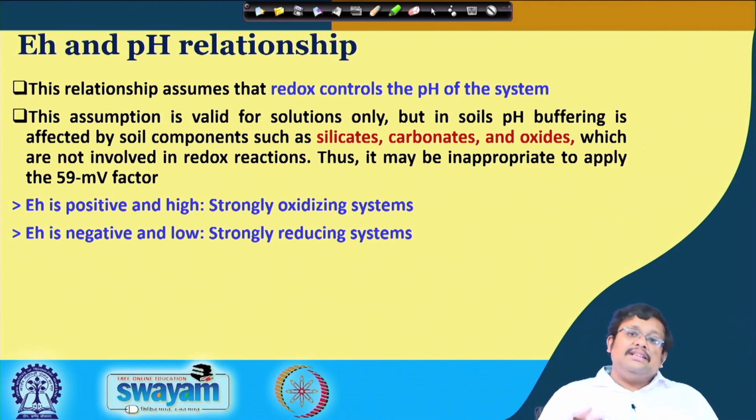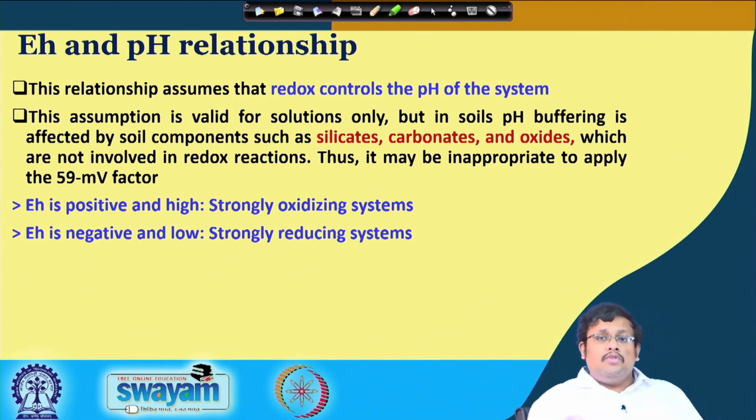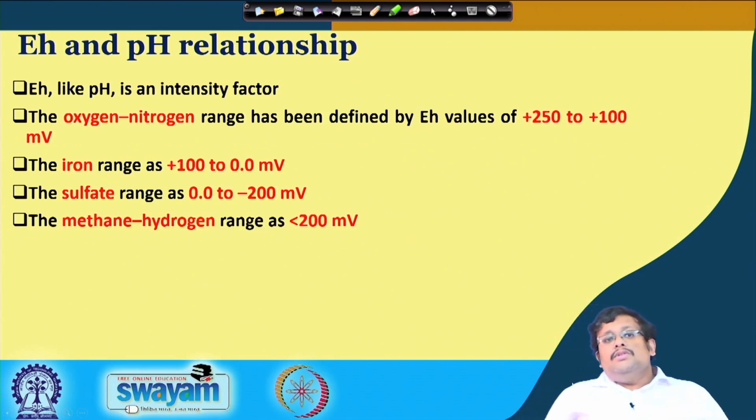And when we convert a soil from oxidized to reduced condition, from aerobic to anaerobic condition, you will see the EH will move from its positive value to more and more negative values. So, EH, just like pH, is an intensity factor.